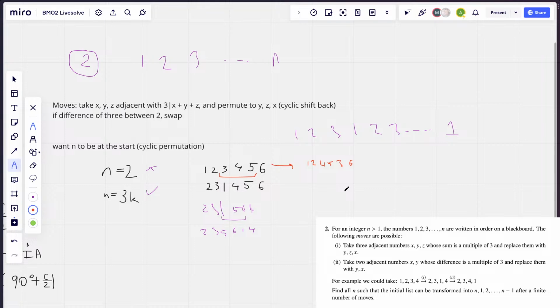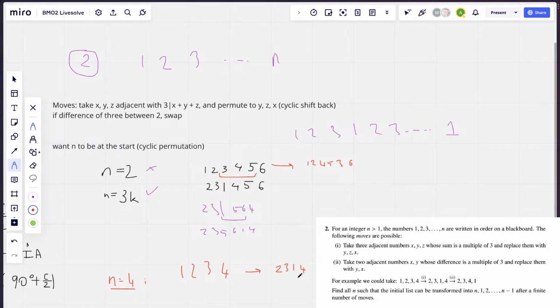Okay, let's try n equals 4 first. Let's just make sure that's not possible, rather than trying to do the general case, because we know 2 is bad, 3 is good. So we get 1, 2, 3, 4. Our only move is 1, 2, 3, so we get 2, 3, 1, 4.